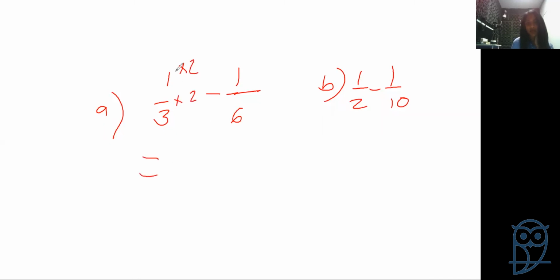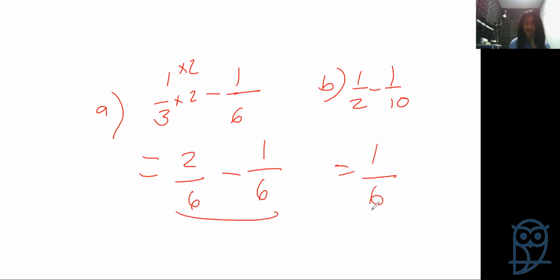And if I multiply 1 by 2, my answer will be 2. And 3 times 2 is 6, minus 1 over 6. You agree with me? 2 minus 1 is 1, and then the denominator stays the same. So that was quite straightforward. So the answer here is basically 1 over 6.